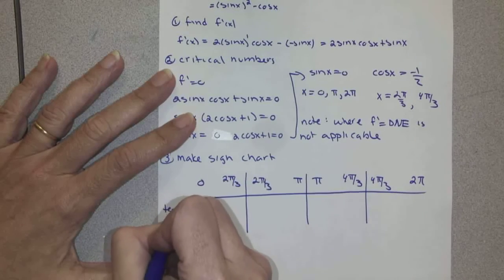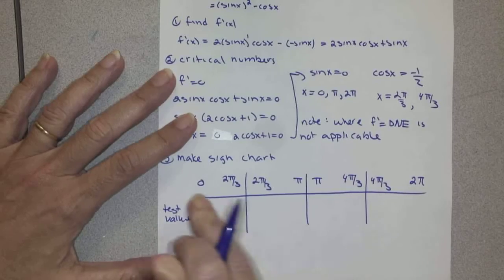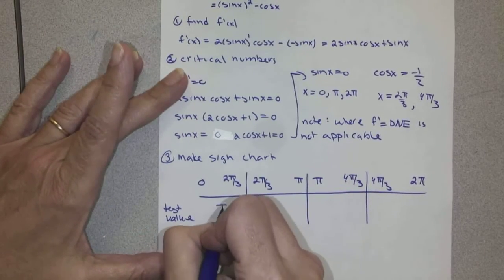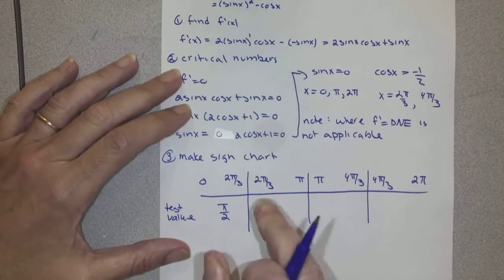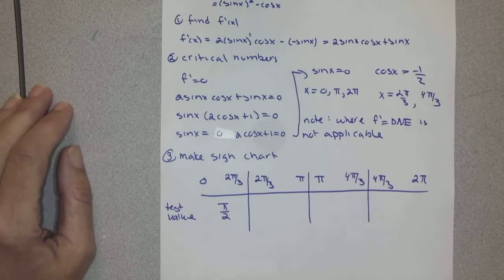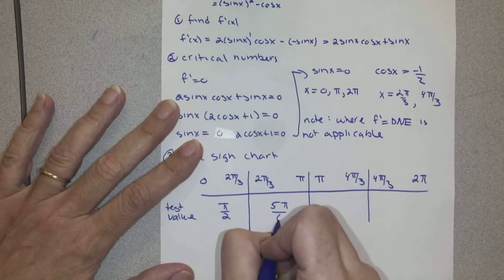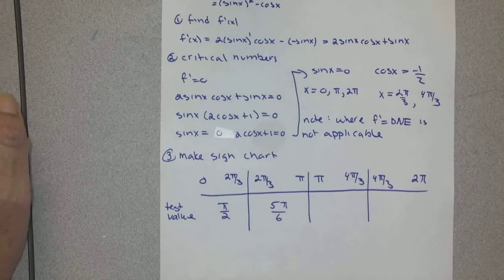Then we pick a test value. So any angle between 0 and 2 pi over 3, and I'm going to pick pi over 2. Anything from 2 pi over 3 to pi, and I'm going to pick 5 pi over 6.